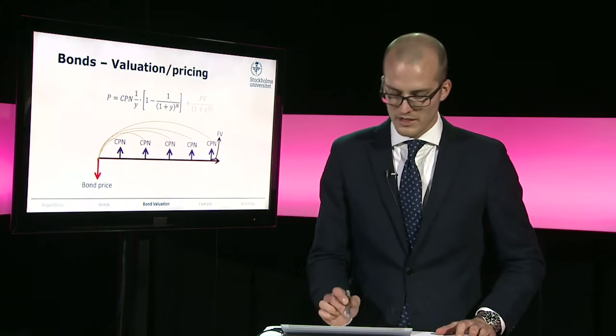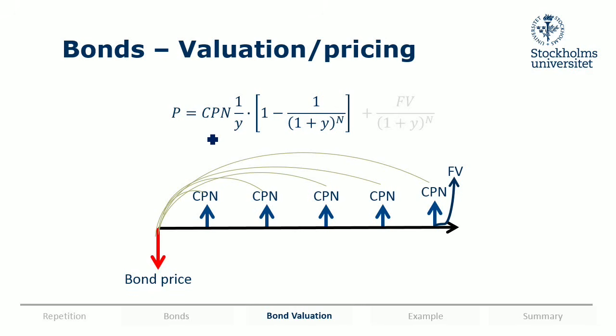We can first look at the first part of the formula. We take the coupon payments and discount till today, using the present value of an annuity formula as we have done before.